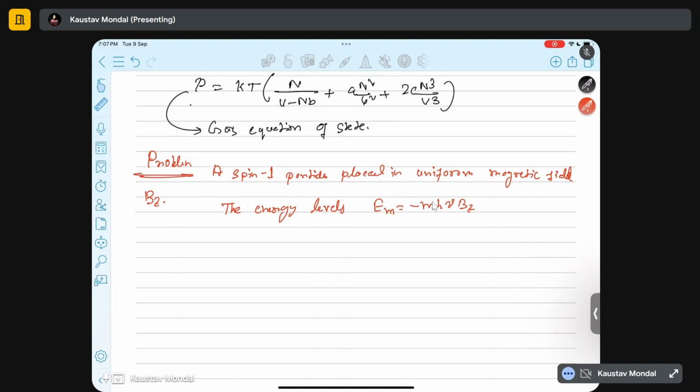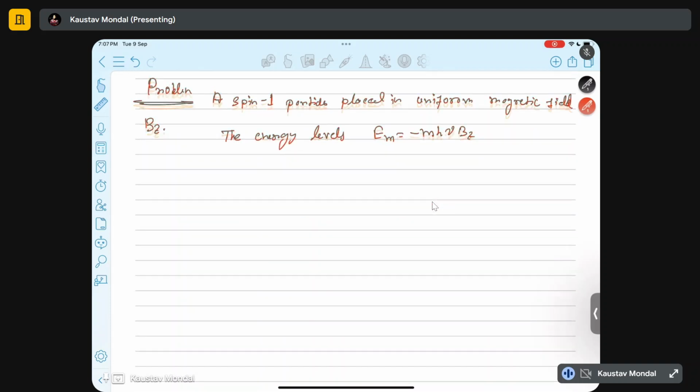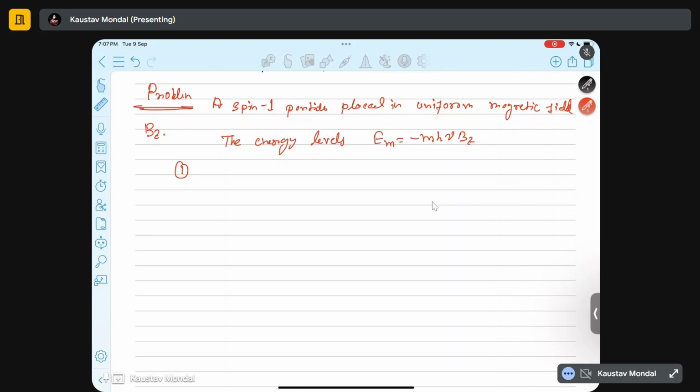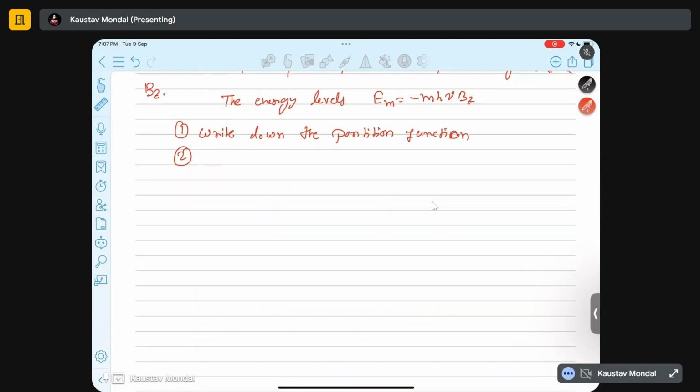Now the things that you have been asked to calculate. The first is write down the partition function. Second is derive the expression for average energy.